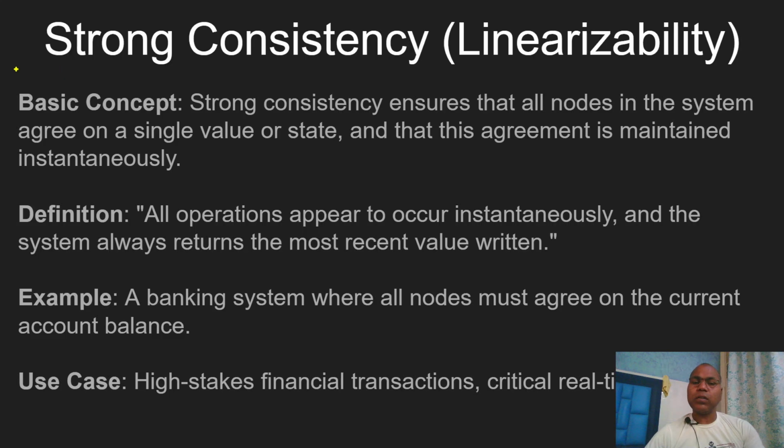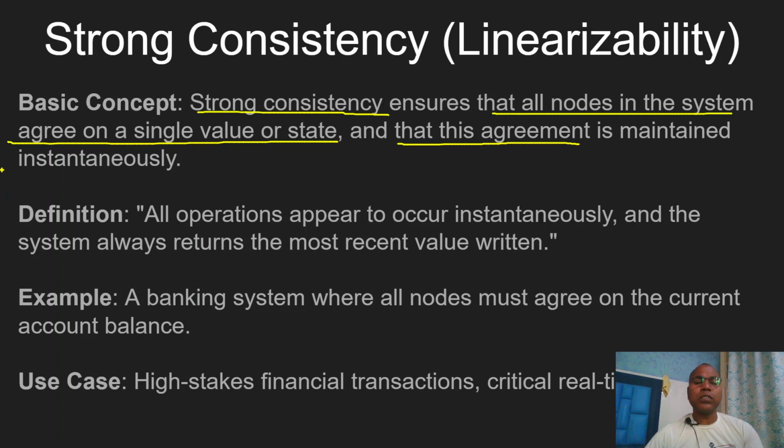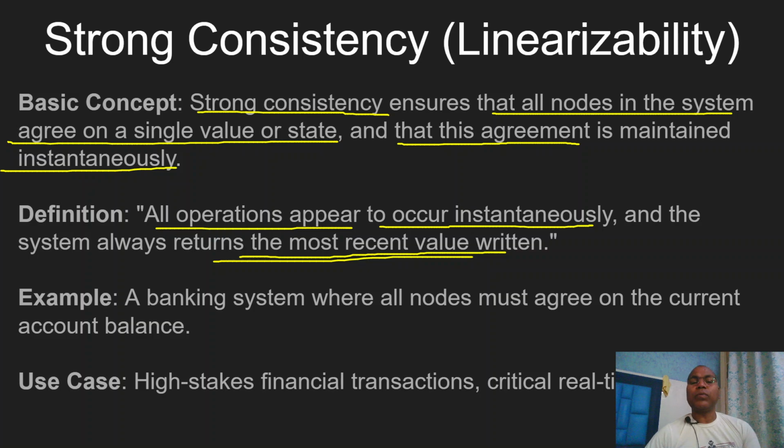The basic concept behind strong consistency is to ensure all the nodes in the system agree on a single value, and that agreement is maintained instantaneously. That means whatever update, add, or delete operations occur are instantaneously applied to the most recent value on each and every node. For example, in banking systems, all the nodes must agree on the current account balance.